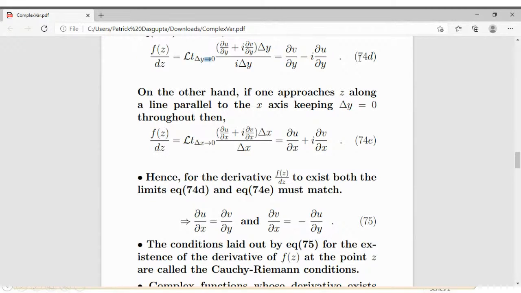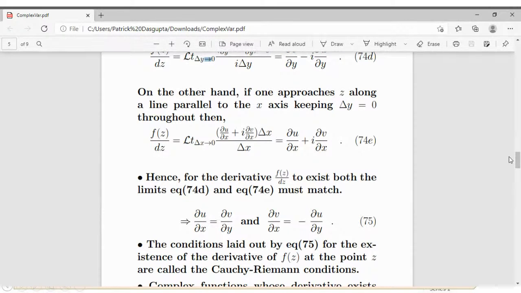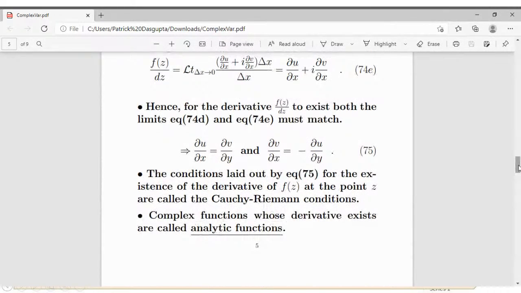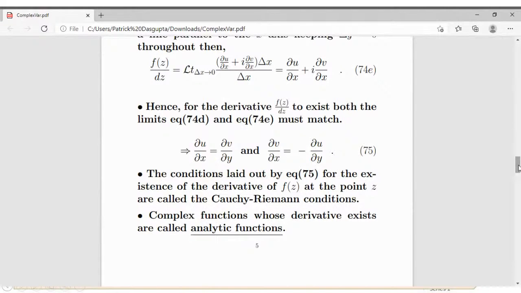So by matching 74d and 74e, we arrive at equation 75, which are two conditions in order that dfz by dz is a meaningful concept.